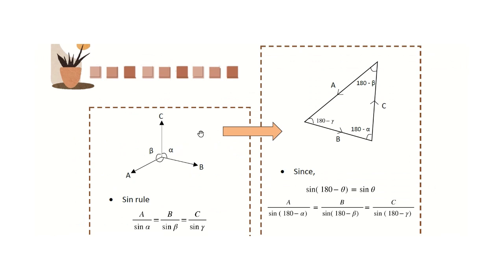Look at this figure. We have three forces A, B, C acting at one point in equilibrium. We can represent these forces as a triangle. So we bring force A, for example, to one side of the triangle.